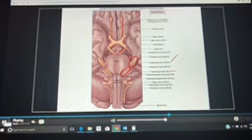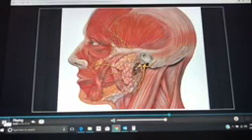Now, this is an important picture right here, folks. This is showing you what happens when the facial nerve exits the skull. I'll talk about where that hole is in the discussion of the skull, but for the time being, let me just introduce the breakdown of how the facial nerve branches once it exits the skull. Let me change color real quick.